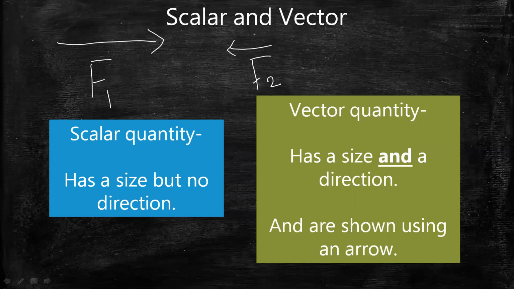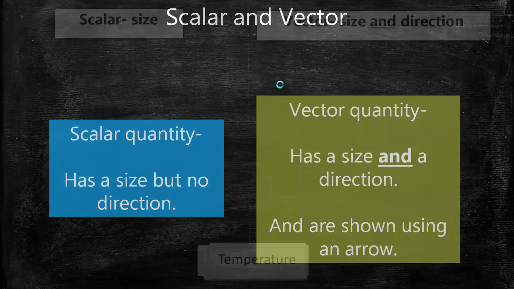As you can see, the length of F1 is bigger, which means F1 is the bigger force. F1 is acting from left to right, whereas F2 is acting from right to left. So any vector can be represented by using an arrow. The length of the arrow represents magnitude, whereas the arrowhead represents direction.